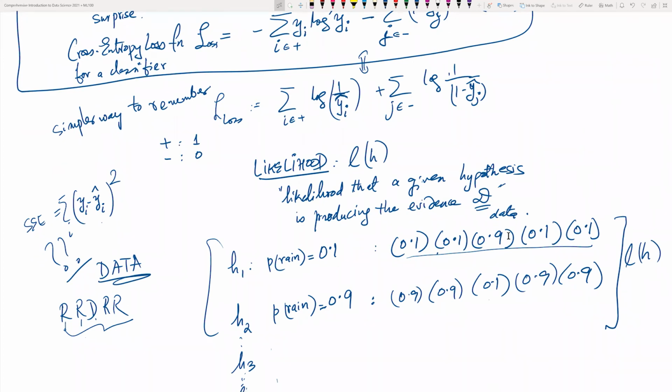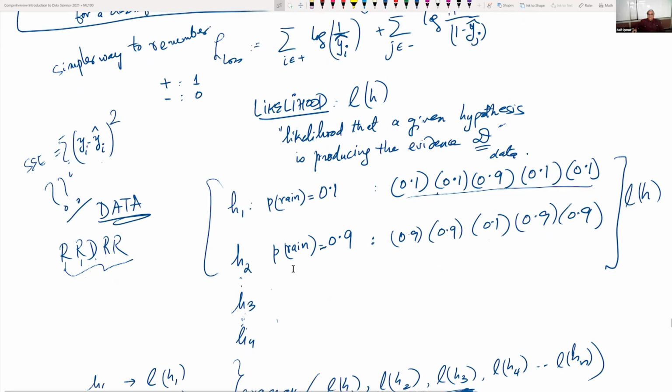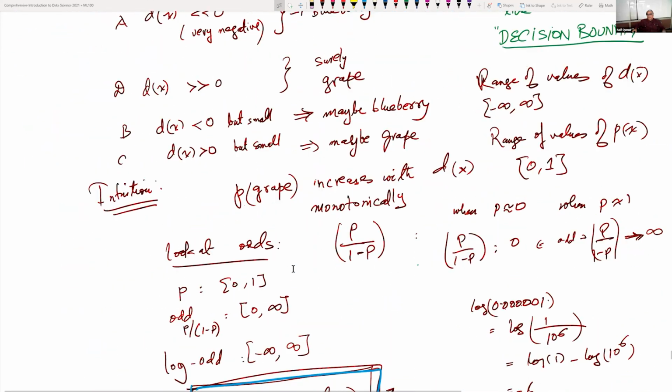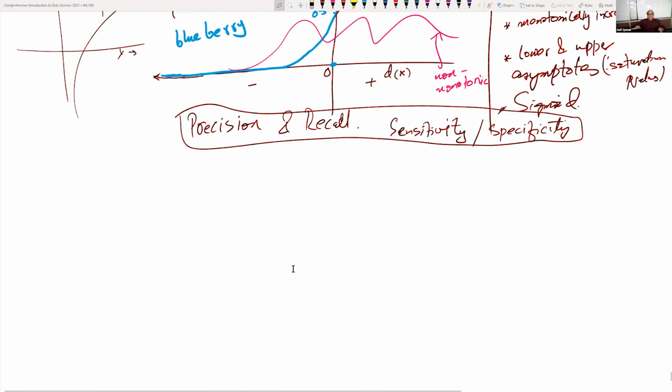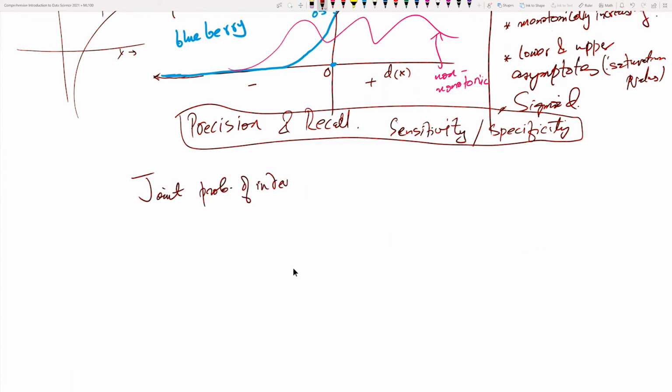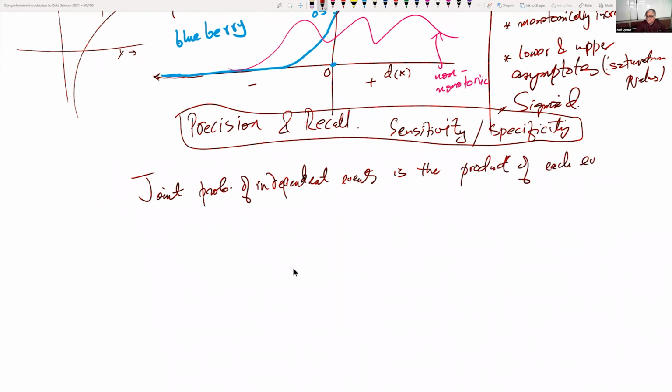So the right word you use is joint probability. Let me write that down. Joint probability of independent events is the product of each event's probability.